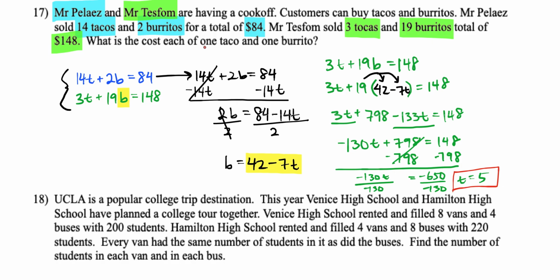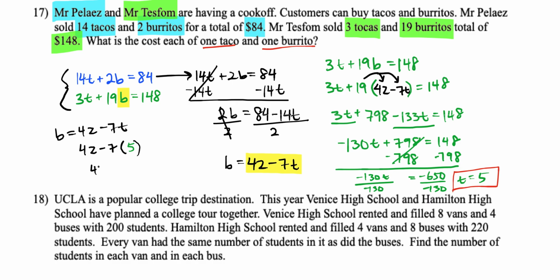I'm being asked for the cost of one taco, but I also need to find the cost of one burrito. So I'm going to go back to any of the equations that I chose. I can actually use this one, because it's already set up. So I have b is equal to 42 minus 7t. And instead of t, I'm going to replace it with 5.